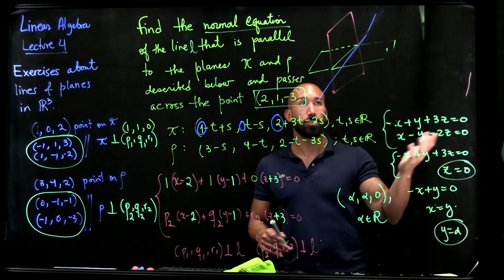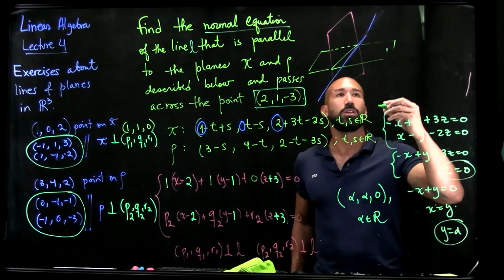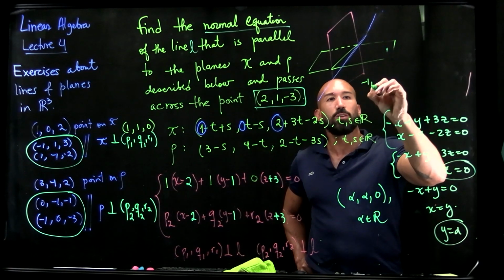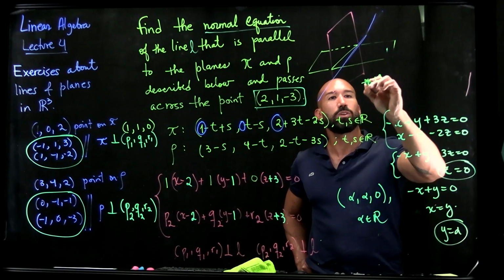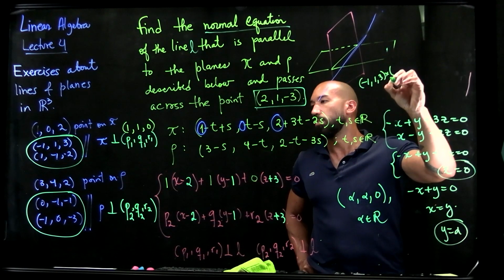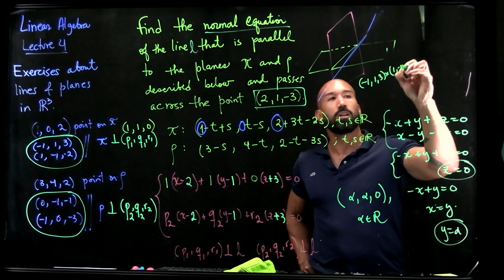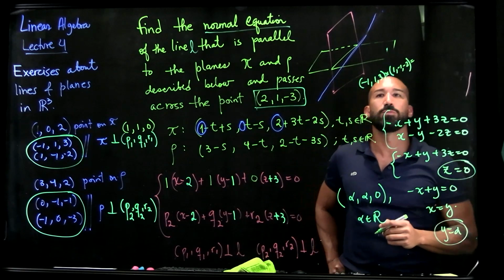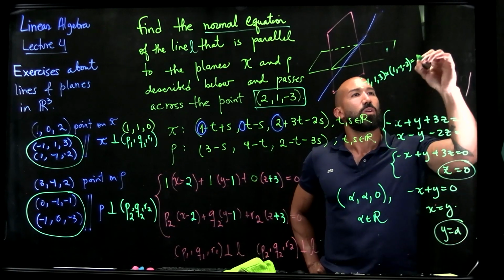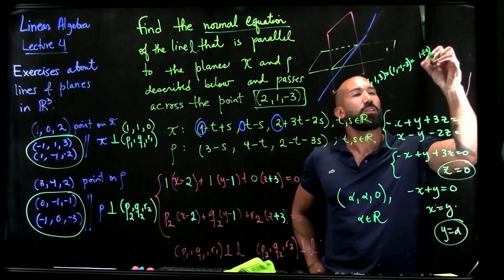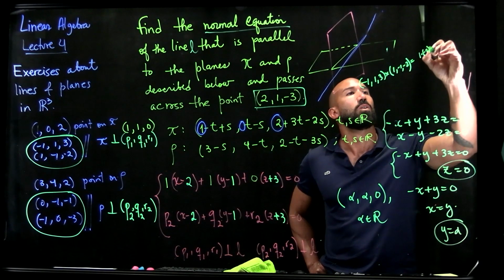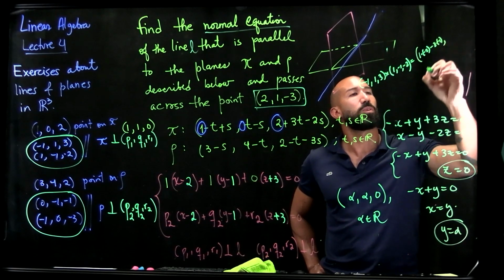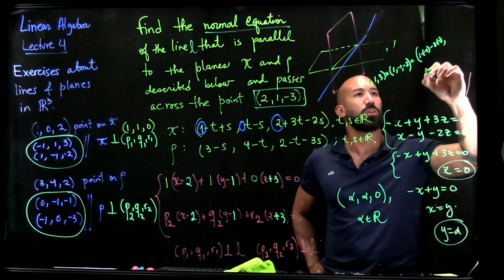But let me compute the cross product. Well, if I compute the cross product here, I know that minus 1, 1, 3, cross product 1, minus 1, minus 2 is equal to what? Okay, 1 times negative 2 minus 3 times negative 1. This is going to be the first component. I don't have a space, so I'm going to continue below.